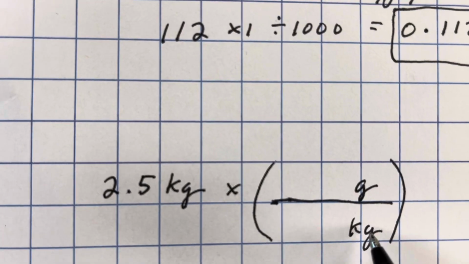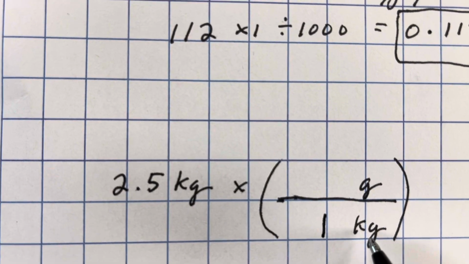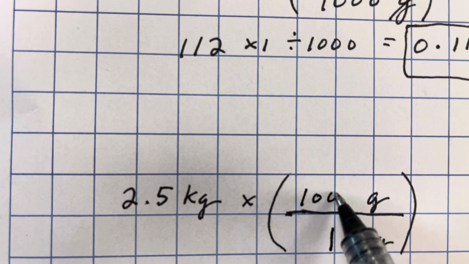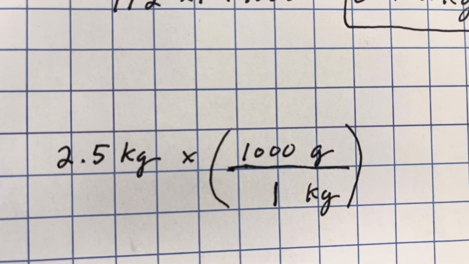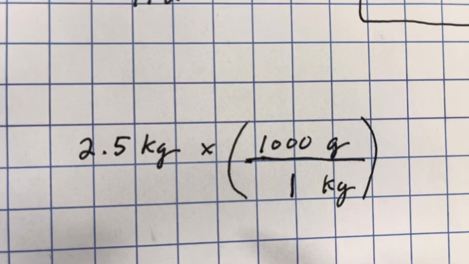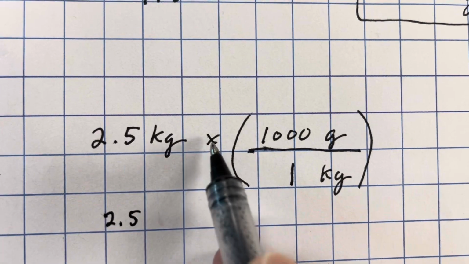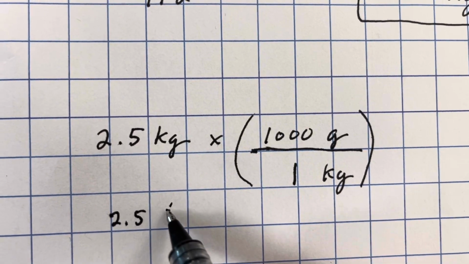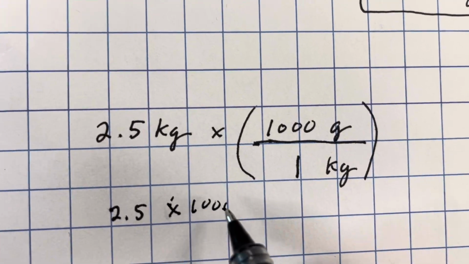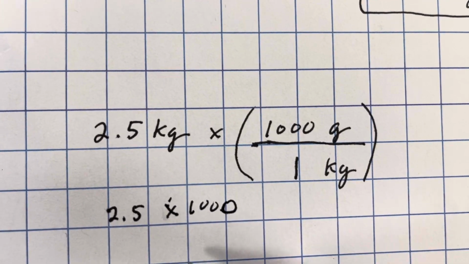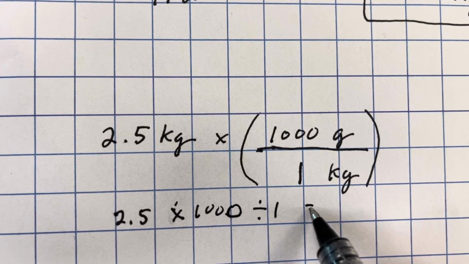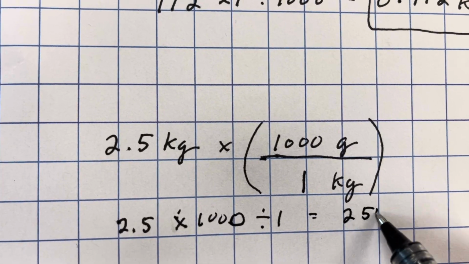And be careful, now the 1 goes with kilogram in the denominator, and the 1,000 goes with grams in the numerator. And in my calculator, I would type in 2.5 multiplied by 1,000, and then I would divide by 1, and then I would get 2,500.